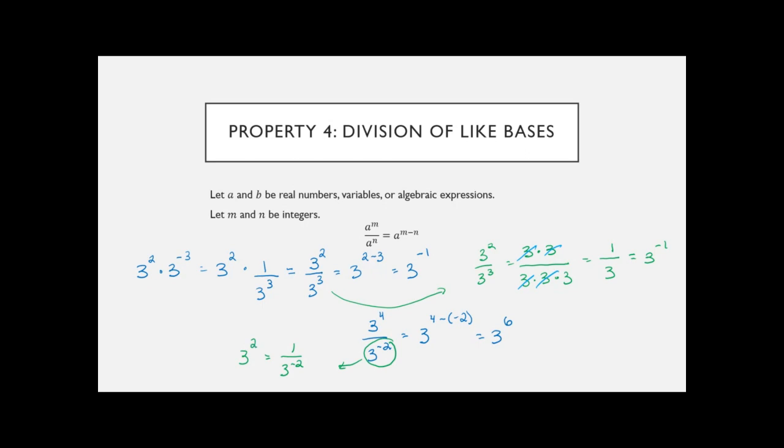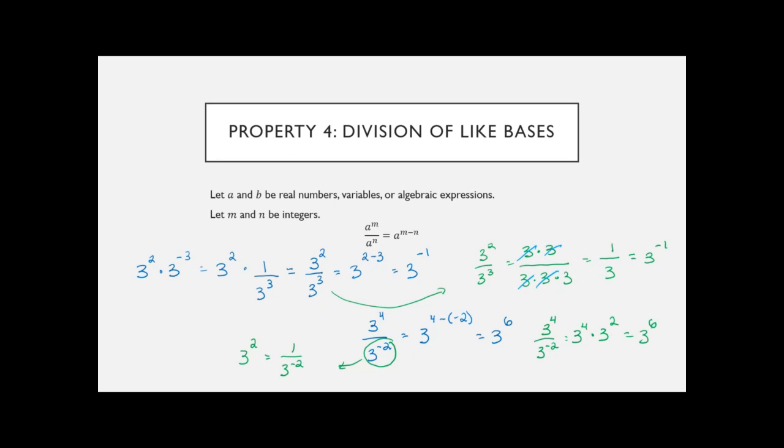So if you have a negative exponent in the denominator, it ends up in the numerator by being positive. So 3 to the 4th over 3 to the -2 is the same thing as 3 to the 4th times 3 to the 2 because of that rule of negative exponents. And then you use your rule for multiplication of like bases where you add the exponents and you get the same answer.